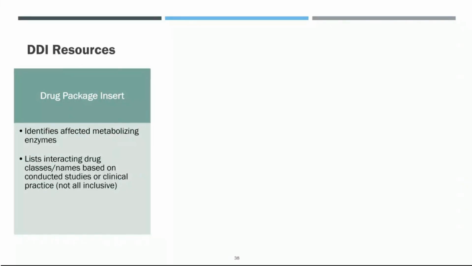And as a pharmacist, I'm going to tell you there are a lot of resources available for you to use on a daily basis. The first one is the drug package insert, which identifies the affected metabolizing enzymes, whether it's 3A4 or 2D6. And it also lists the interacting drug classes and names based on the conducted trials or clinical practice, but they are not all inclusive.